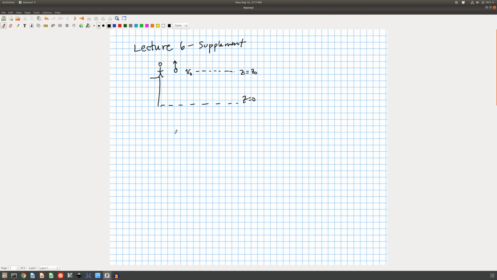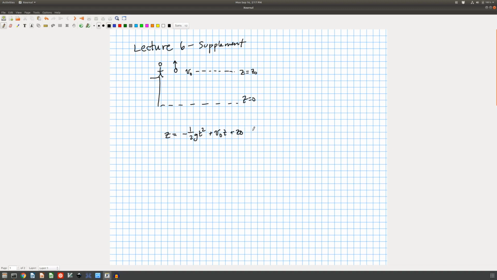We said that the path of this ball was going to be given by the following kinematic equation: 1/2 gt squared plus v0t plus z0.